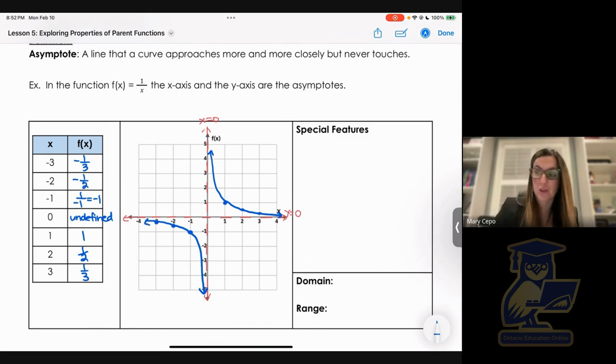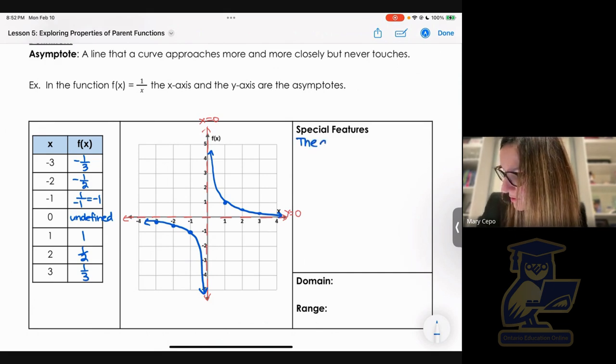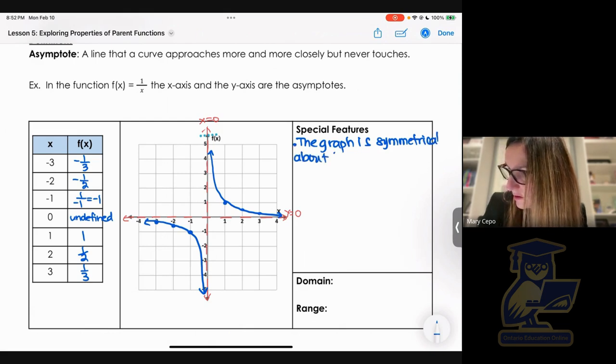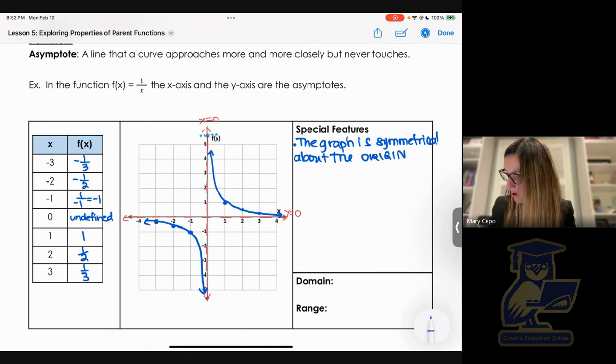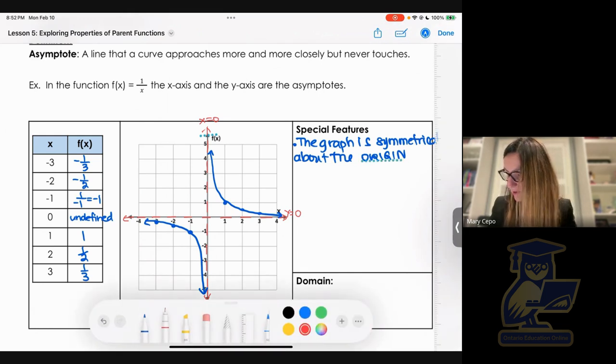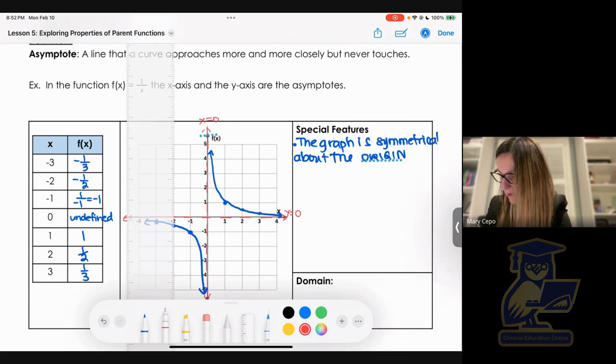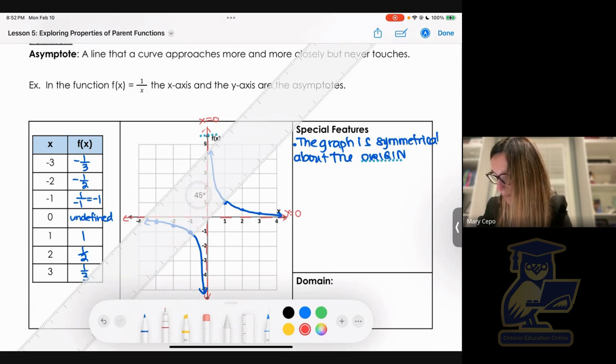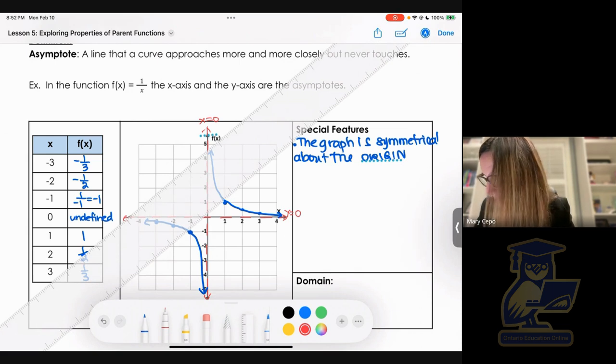Okay, what are some special features? The graph is symmetrical about the origin, which means if I draw the line y equals x, you will notice that it is symmetrical.